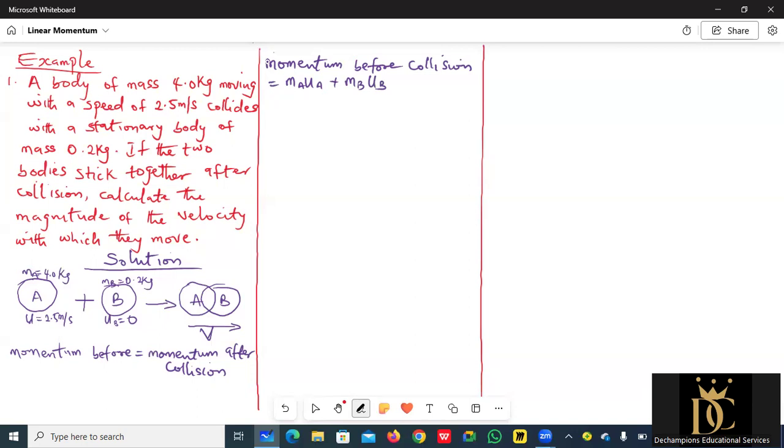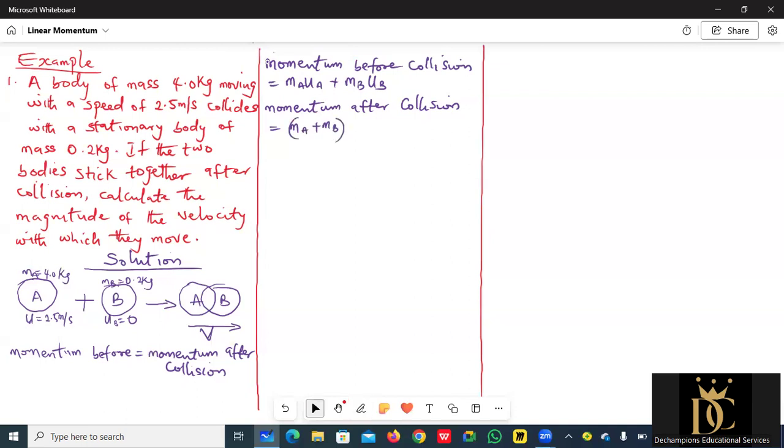Then the momentum after collision will be equal to, now the two bodies stick together to form one body. So their masses will be added together. That's MA plus MB.